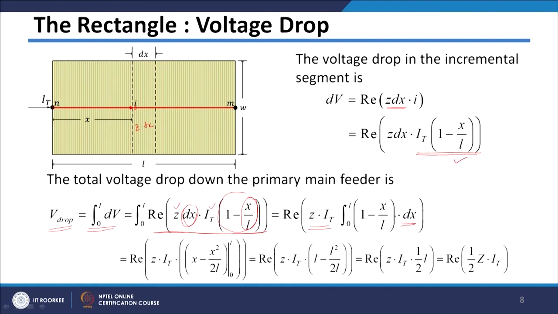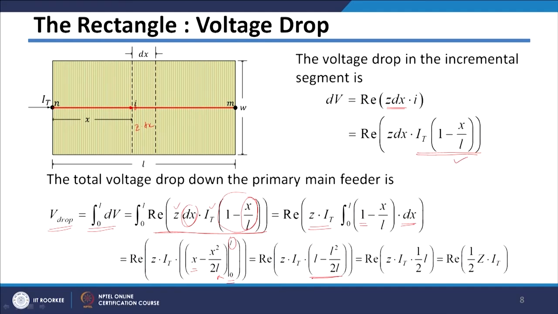Integration of 1 will be x, and integration of x by L will be x square by twice L, with limits of integration 0 to L. When we put L into this equation, I get this part here, and when I put 0, it will be 0 itself.